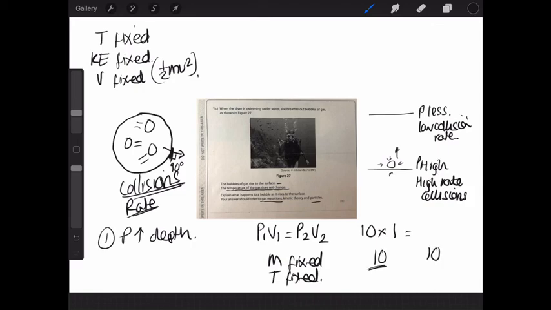Therefore, if the pressure has gone down so much it's gone all the way down to 1, the volume will have to then have gone up to 10. So what's happening is, as the pressure decreases, the volume is increasing. So as the bubble goes up to the surface, its volume is going to increase. So volume high, volume low.